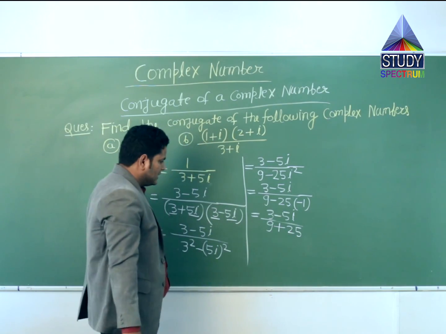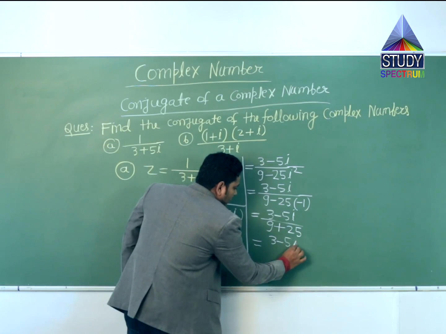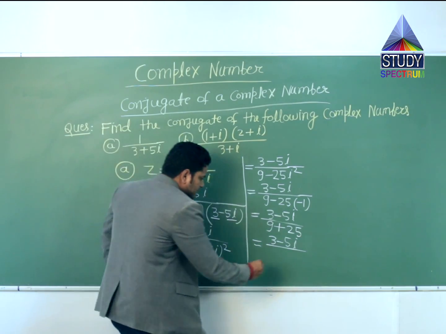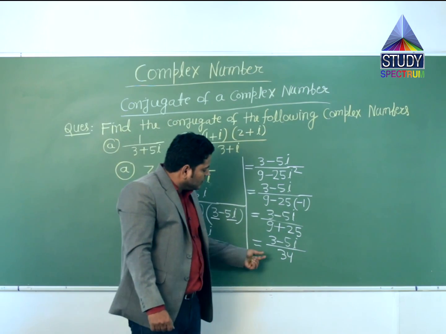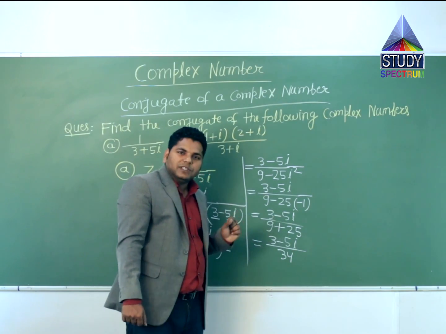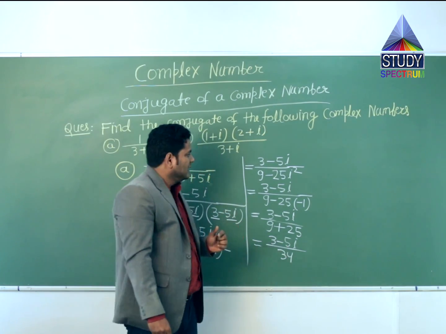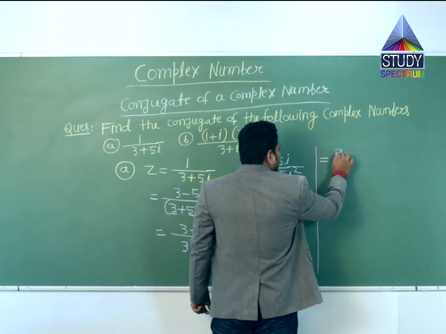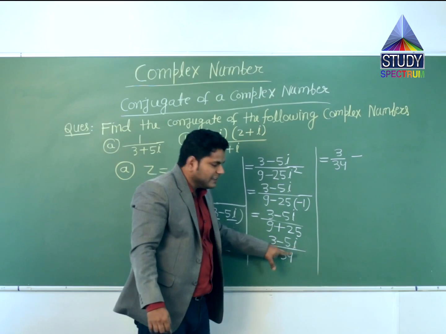Got it? So 3 minus 5i upon 9 plus 25 is 34. Here we have two terms in the numerator and one term in the denominator, so we can separate this and write 3 by 34 minus 5 by 34 i.